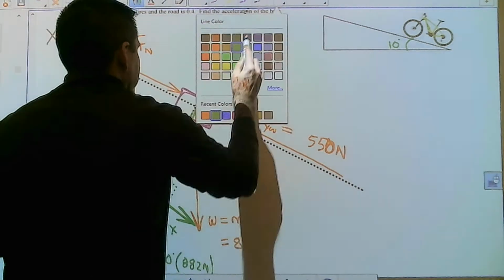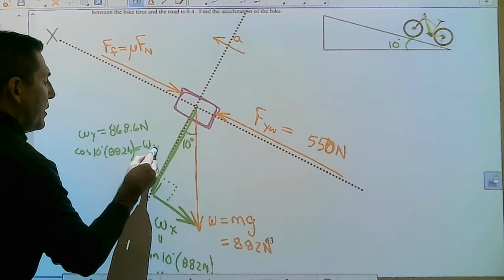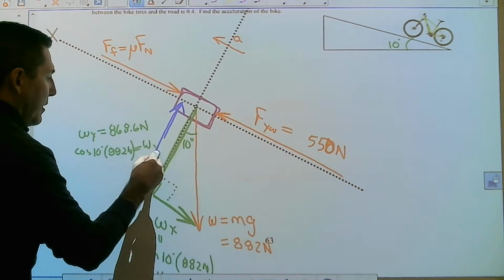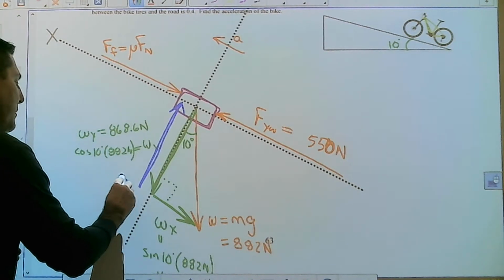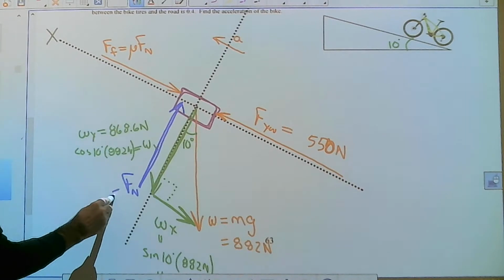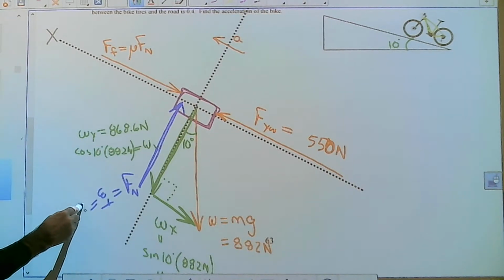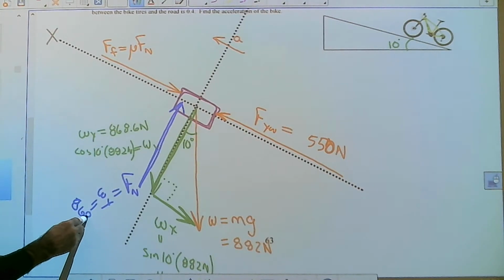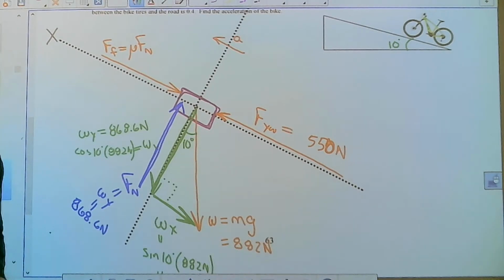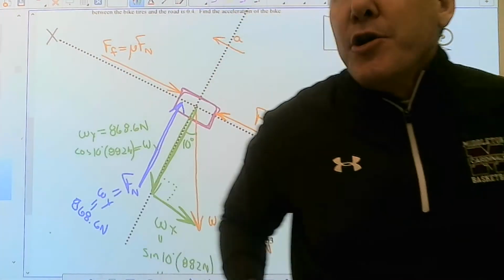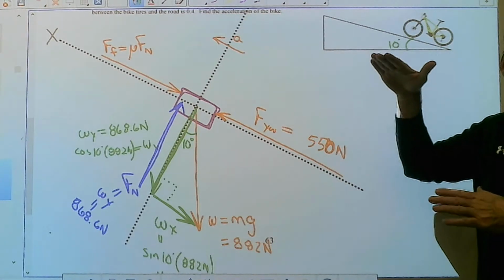My normal force is going to be equal and opposite of W sub y. So there's my normal force. It's going to be equal and opposite of W sub y. In this case, 868.6 newtons.